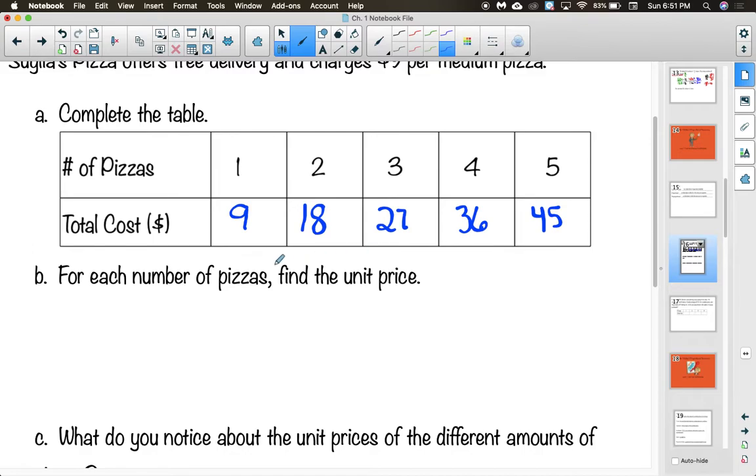A lot of the work in this lesson will be with a table. So now what we have to do is take each one of these relationships within the table, and find the unit price. Remember, money in the top, pizzas in the bottom. So my first relationship here is $9 per one pizza.